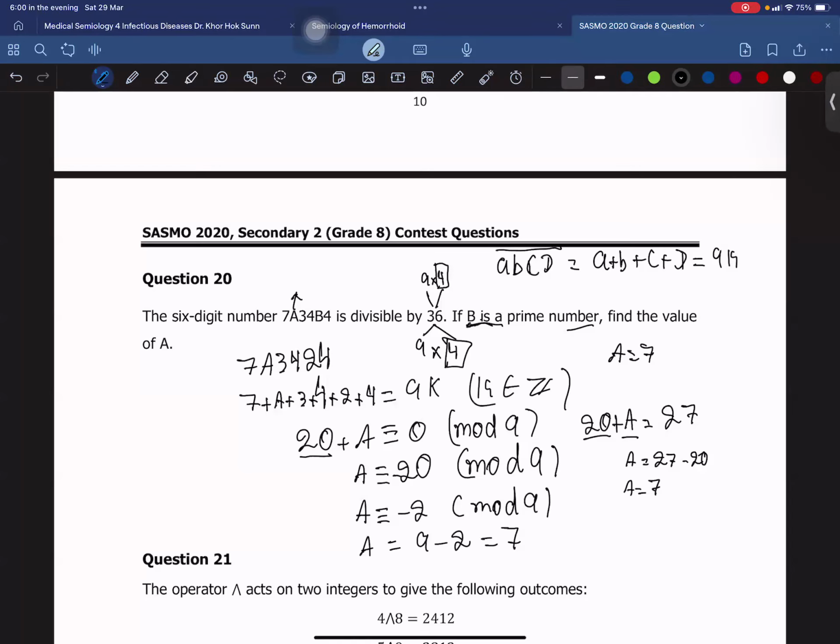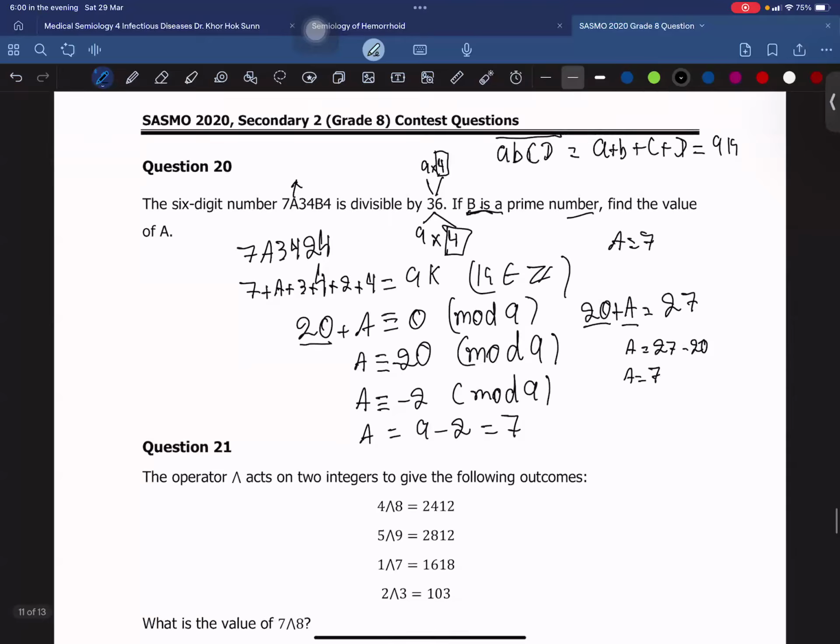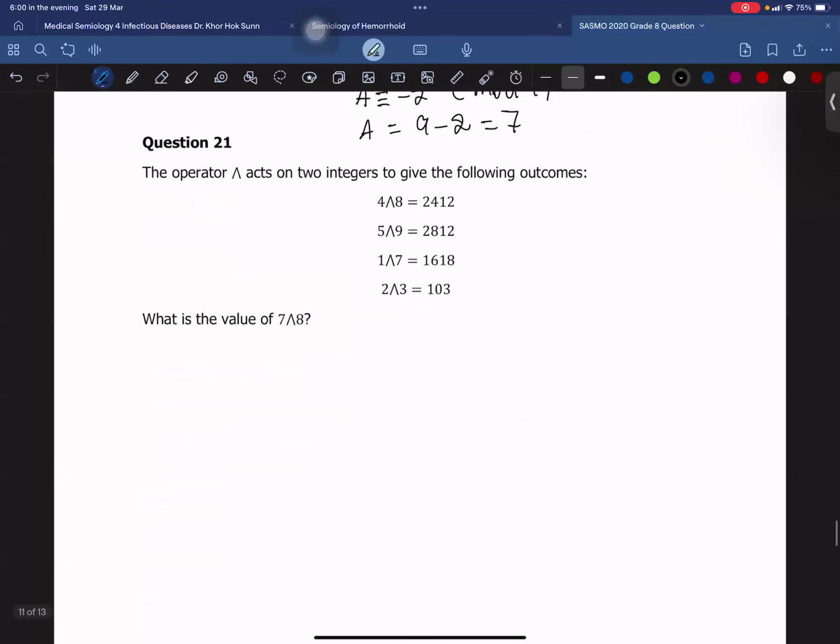Okay, so I assume that you guys understand. Let's do number 21. Who can read this question? Okay, so I'm going to read it.